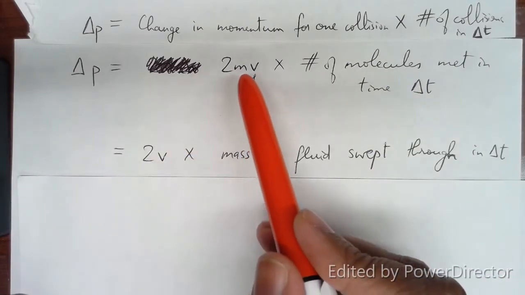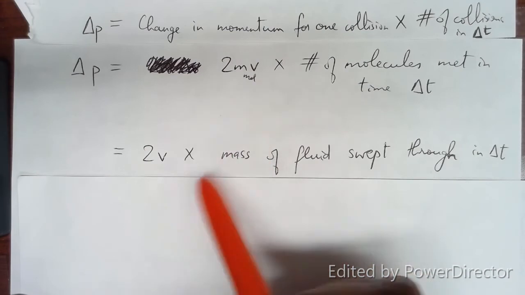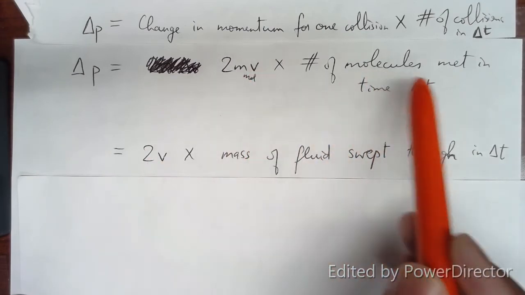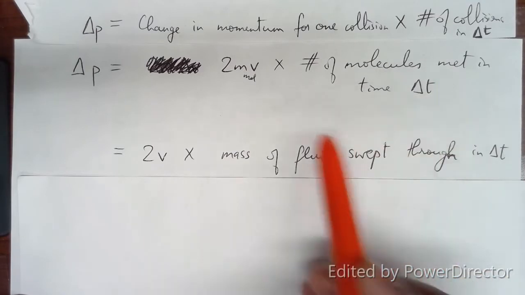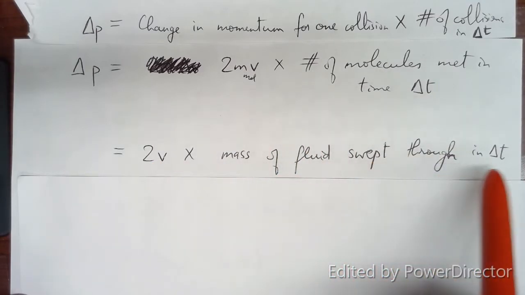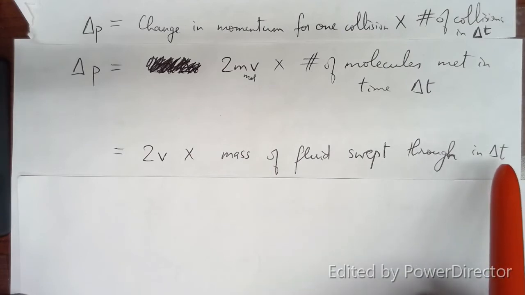We can rewrite that by taking 2v from this term and multiplying the mass of the molecule by the number of molecules met in a time delta t. And so this becomes 2v times the mass of fluid that is swept through in a time delta t.